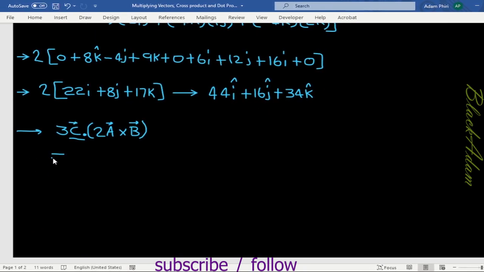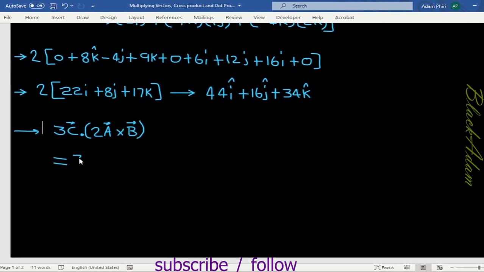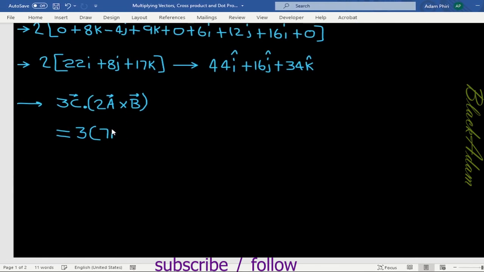So we have 3 bracket, and then we have 7i minus 8j plus 0k. If there's no value, you put 0 for that vector, so that is for k. And then dot product with 44i plus 16j plus 34k.